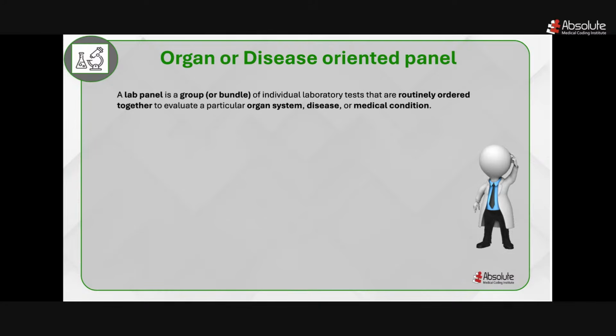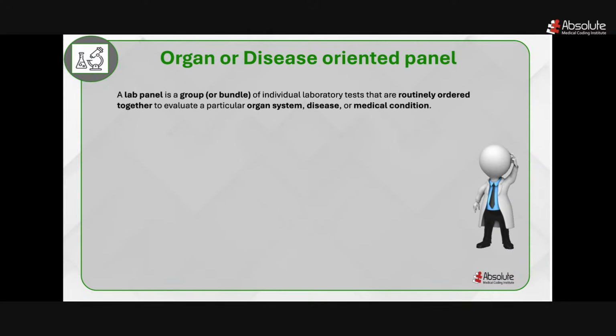So let's talk about lab panels. What exactly is a lab panel? A panel is basically a bundle of tests that are routinely ordered together to check on a specific organ system, disease, or condition.